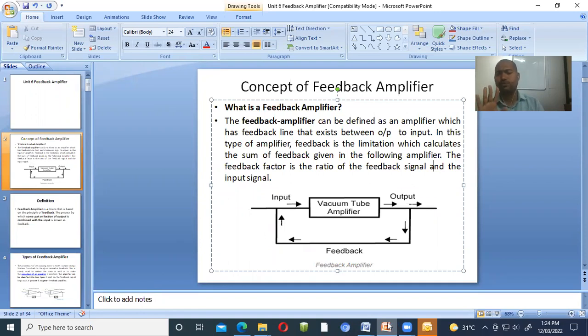When the phase shift between output and input is 180 degrees, that type of feedback is called negative feedback. Positive feedback is usually used in oscillators, and negative feedback is usually used in amplifiers. Now tell me, did you understand this slide?